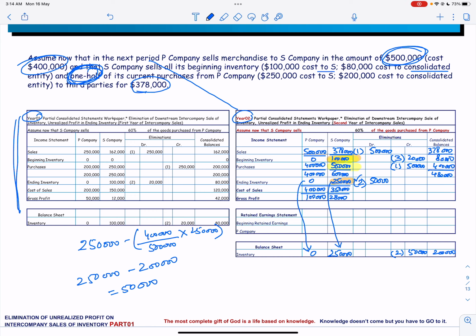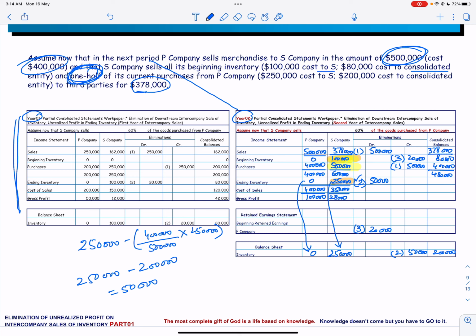At the same time, we are going to debit the beginning retained earning for P company, and when we debit it, this is number 3, and that is going to be 20,000. I will explain this in a minute. Now what you can observe is that the adjustment to beginning inventory in the second year is of the same amount as that to the ending inventory of the first year.